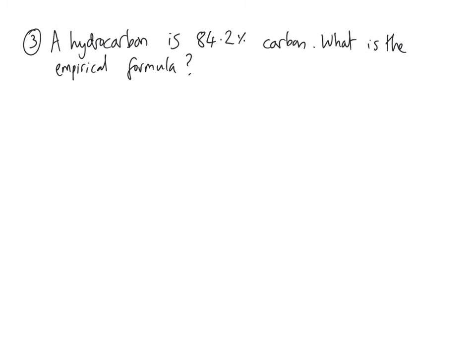This example is an extra complexity because we've been told it's a hydrocarbon and it's got 84.2% of carbon. What's the empirical formula? Now, first of all, since it's a hydrocarbon, it needs to contain hydrogen as well as carbon. And so hydrogen is going to be the percentage that is missing, and carbon is our 84.2%.